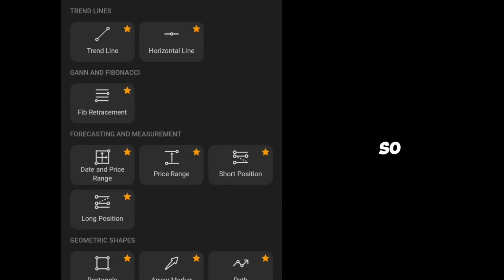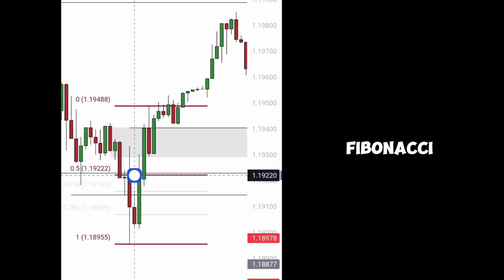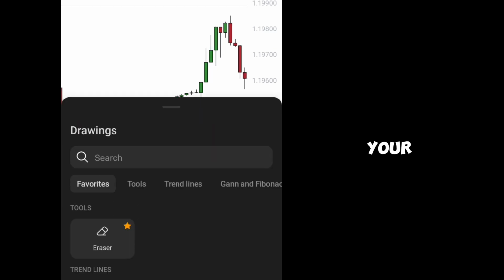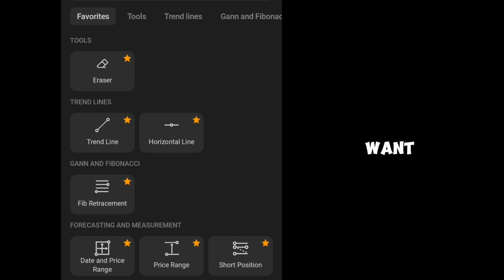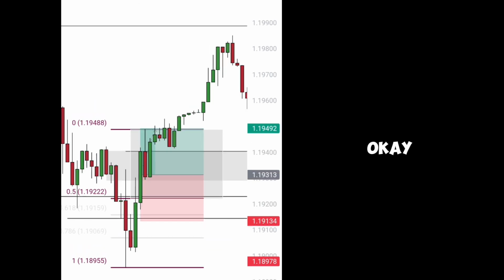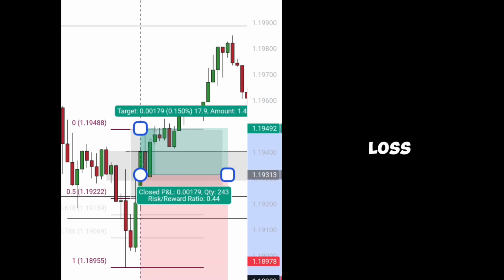Listen, so that I don't confuse you, this is the halfway Fibonacci level. You can watch the video again if you are confused. You want to put your pending order right there, so you want to go long right there, and then your stop loss will be below.